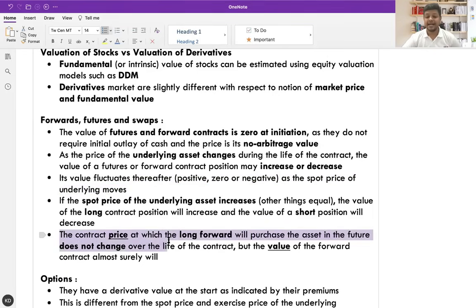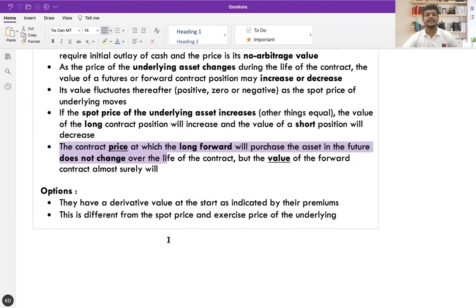The contract price at which the long forward will purchase the asset in the future does not change because I have booked that price with you, right? But the value will change. So what changes and what doesn't change from day zero to day of maturity? Value changes, price does not. Absolutely, because price is what we have booked. I have booked with you that I will buy gold from you after 3 months at $100.